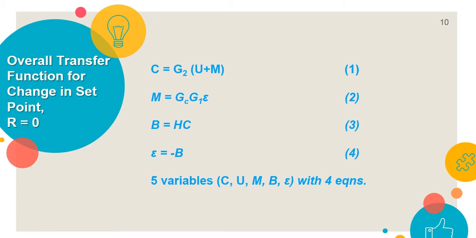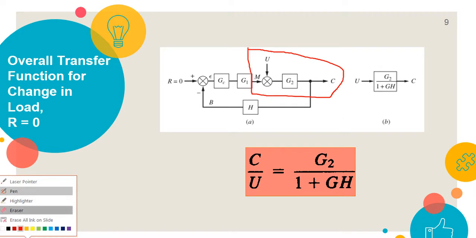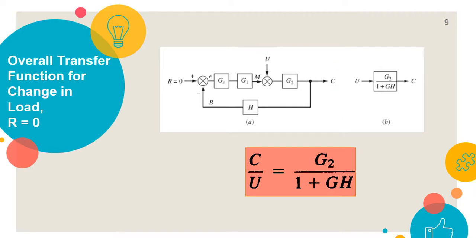Okay, next, M being equal to G sub C, G sub 1, and E, let's see. So it's just like you have M here over the error being equal to the product of G sub C and G sub 1. So let's go back here, and I'd like to erase this one. You could see that there are two transfer functions there that were being multiplied, and that's in the case G sub C and G sub 1.